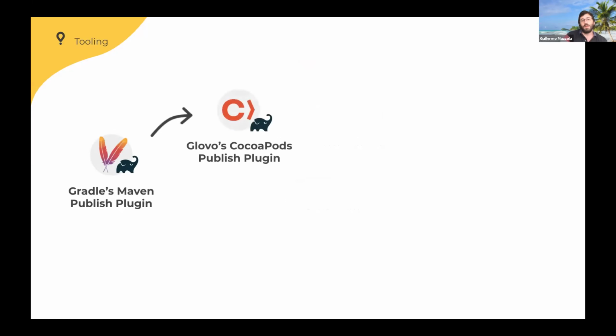So the first thing we did is to basically create a plugin dedicated to CocoaPods in Gradle that has the same architecture as the Maven publish plugin from Gradle, but it's for publishing CocoaPods. And we did the same for NPM repositories.